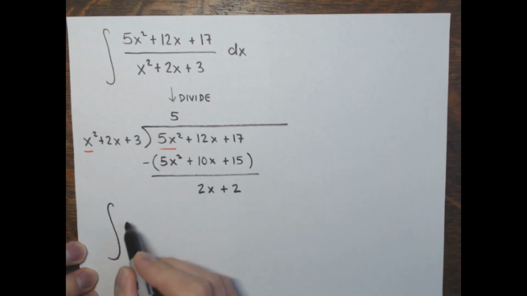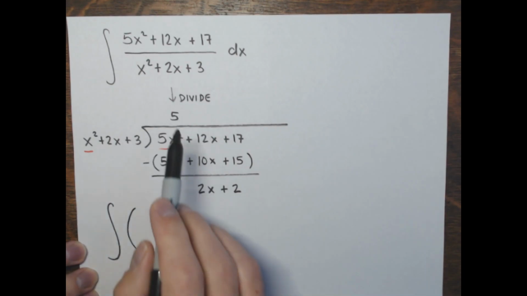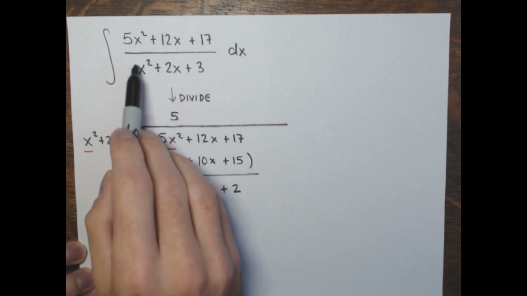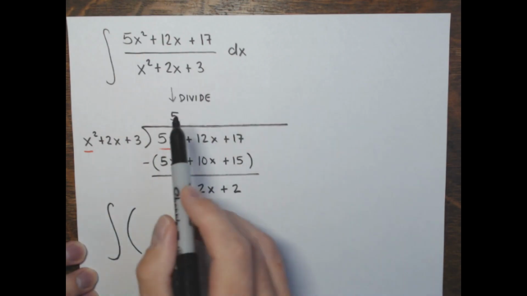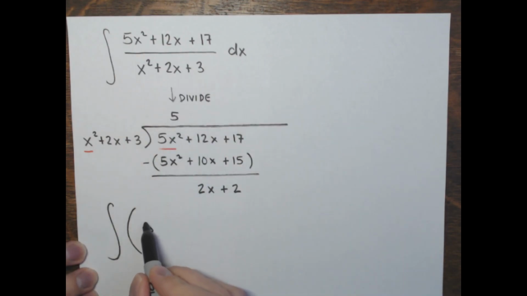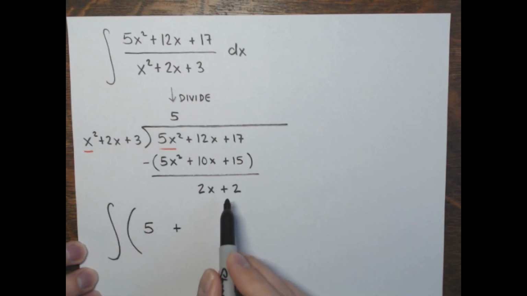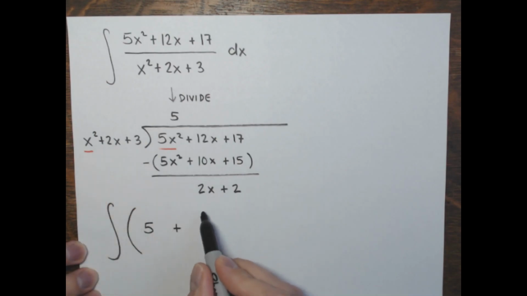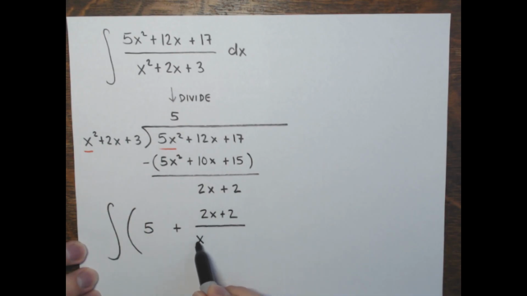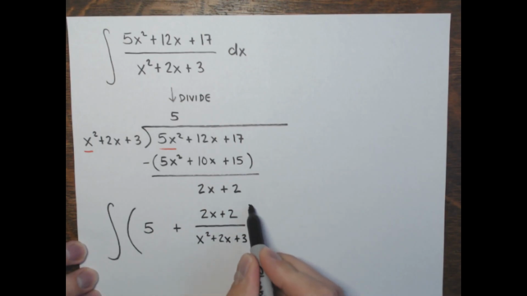So now I'm going to write this integral as the integral of something equivalent to my original fraction, which is 5 plus, that's the quotient plus remainder over divisor, 2x plus 2 over x squared plus 2x plus 3.